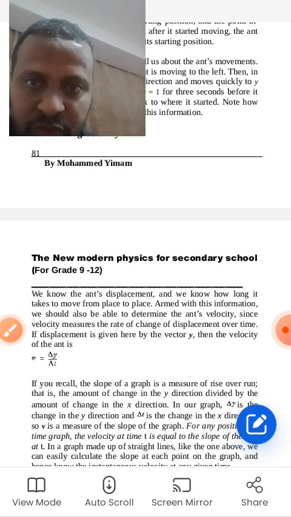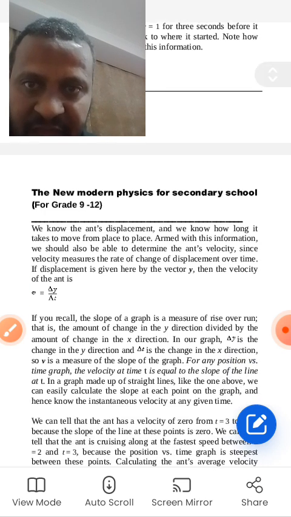We know the ant's displacement and we know how long it takes to move from place to place. Armed with this information, we should also be able to determine the ant's velocity. Since velocity measures the rate of change of displacement over time, if displacement is given here by the vector y, then the velocity of the ant is equal to change in y over change in t.